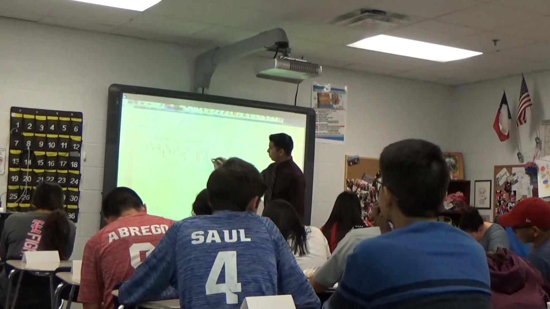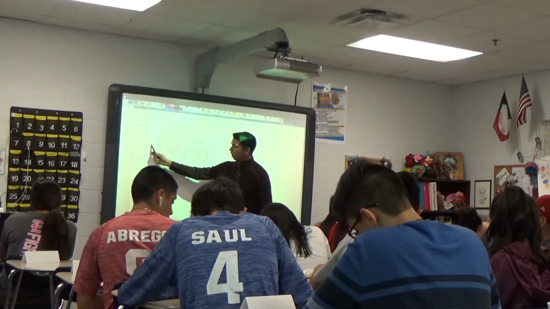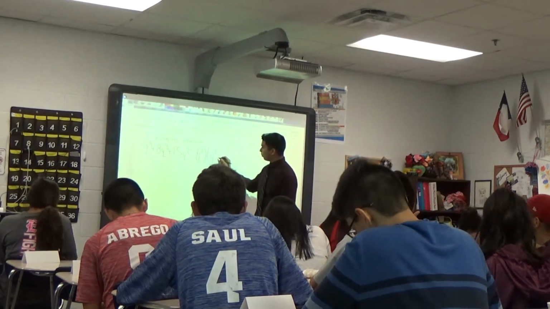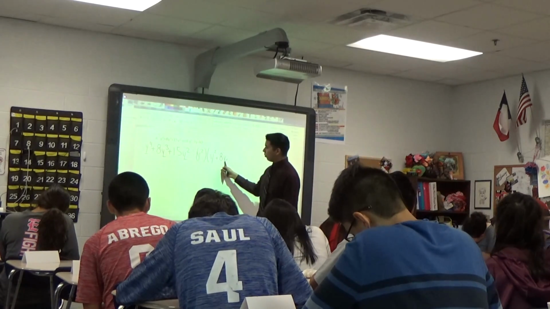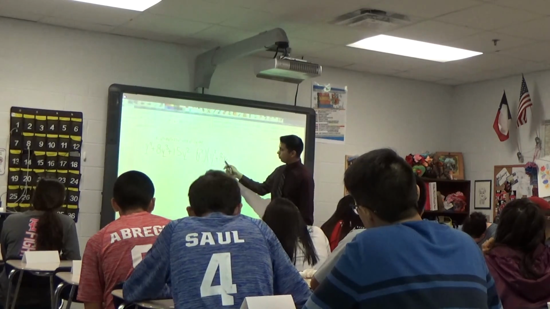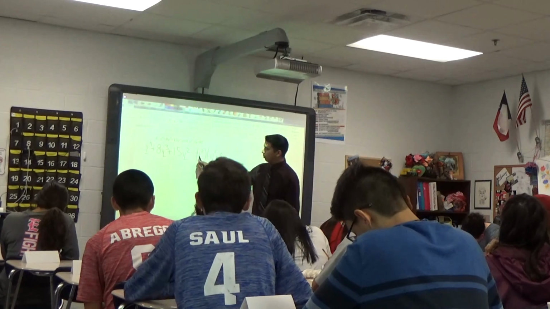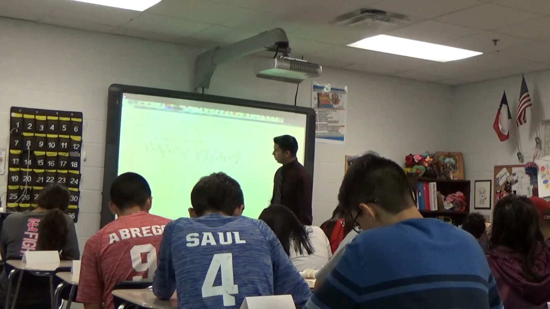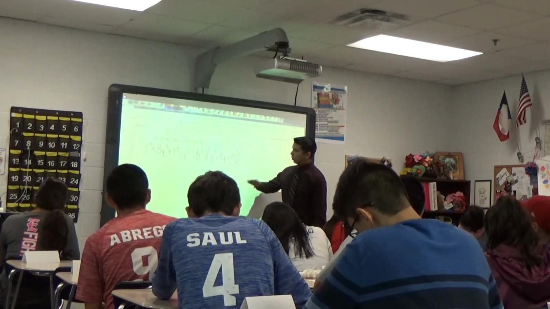We'd be left with, taking away 2 y's from y to the 4th, y squared, 8y, 3 minus 2 is 1. And then 15y squared, taking away 2 y's, is just 15. This is a polynomial to the 2nd degree.